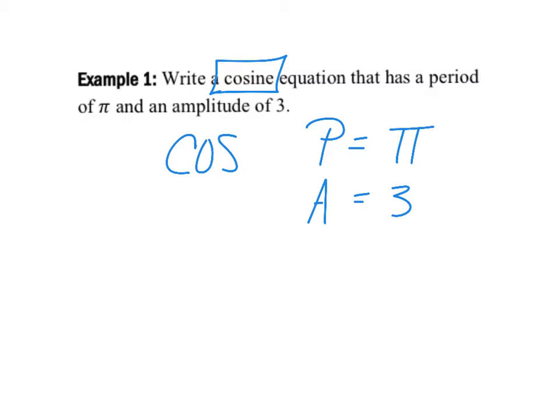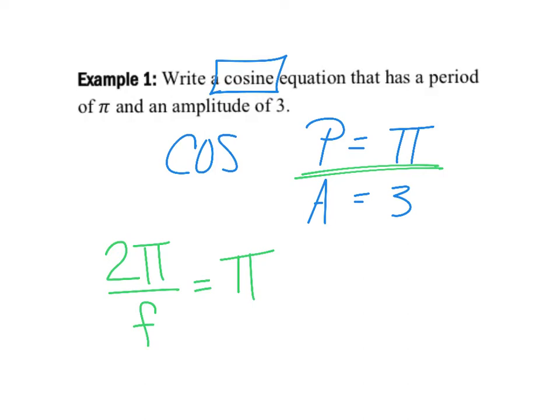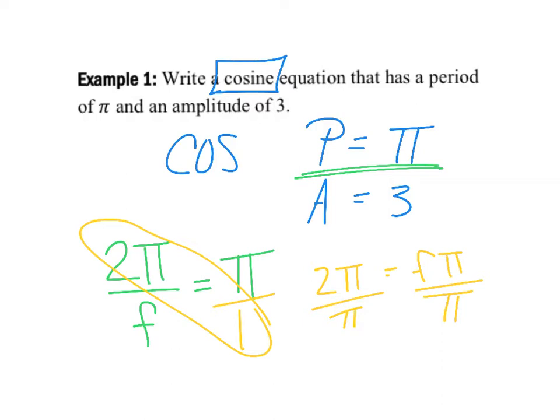So I'm going to use my period formula, 2 pi over f, and they're telling me that answer is pi. Okay, so now I'm just going to put this over 1, and I'm going to cross multiply and solve for my f. So 2 pi is equal to f times pi. Divide out that pi. So my frequency is equal to 2.